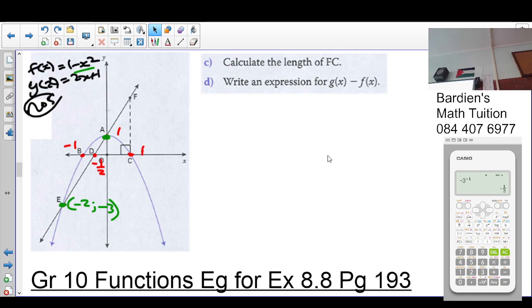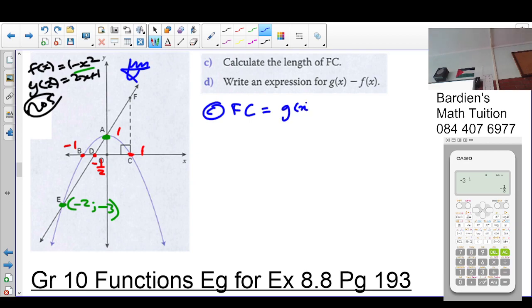Okay. So looking from on top, which graph is on top? The straight line. So for FC, it will be the straight line, which is g of x, minus the parabola, which is f of x.